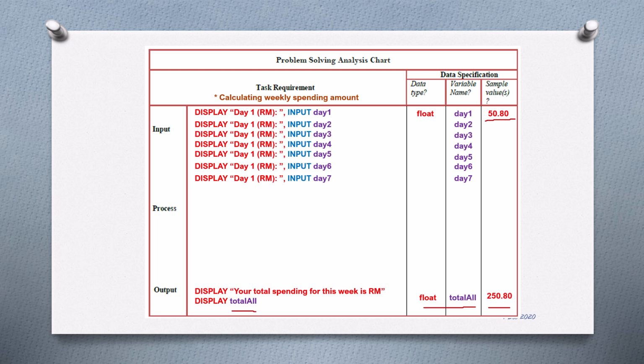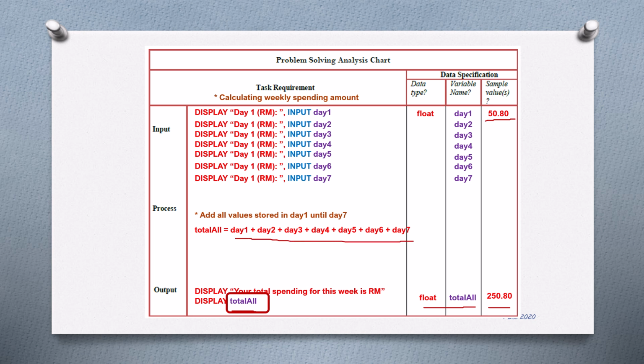Of course, total all means you have to add up all of the values from day 1 until day 7, and then store those values into total all. So in this case, total all takes the value from day 1 until day 7. So here is the instruction: add all of the values and then store into total all.